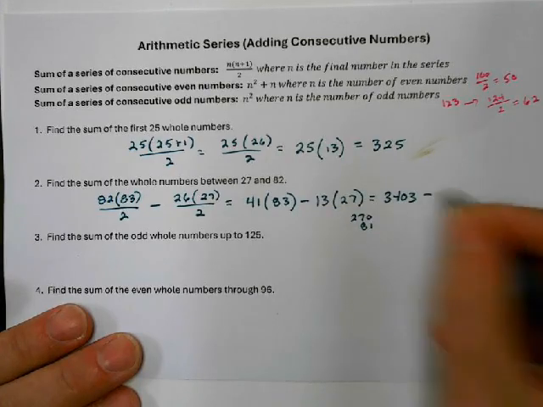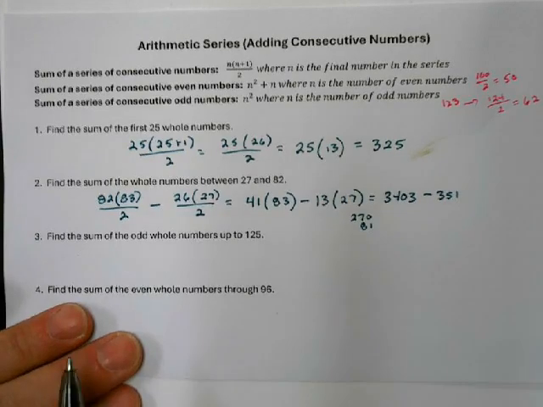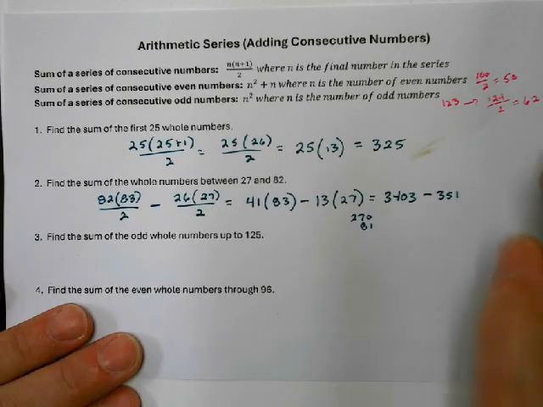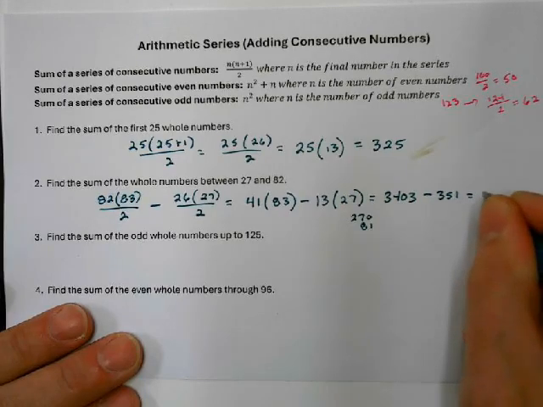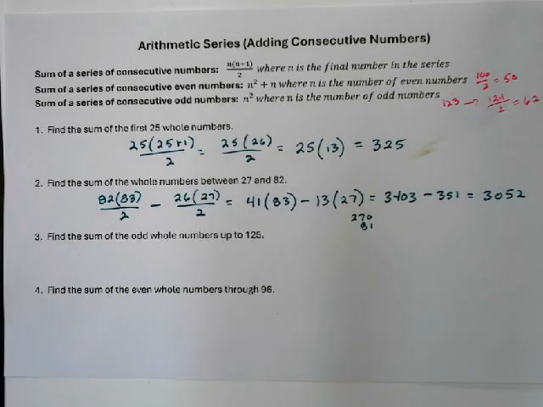So minus 351. So 3403 minus 351, we've got 49 plus 3. 49 plus 3 is 52. So I think this is 3052. I should actually use a calculator, just to make sure I'm not messing stuff up. 13 times 27, yep, 351. 41 times 83, 3403, got that right. Sweet, I got it right.